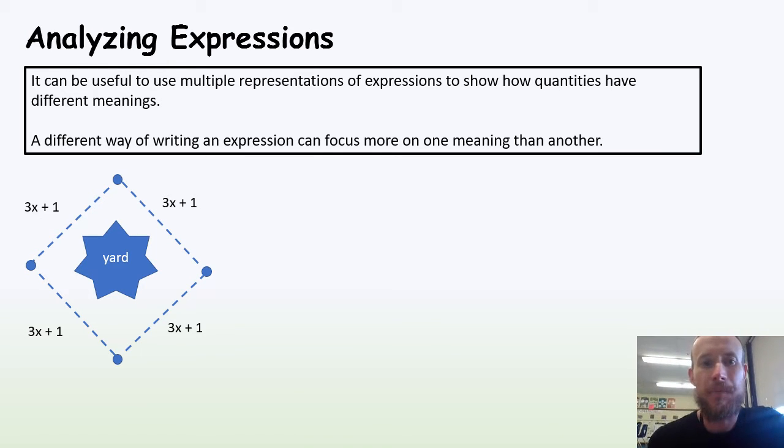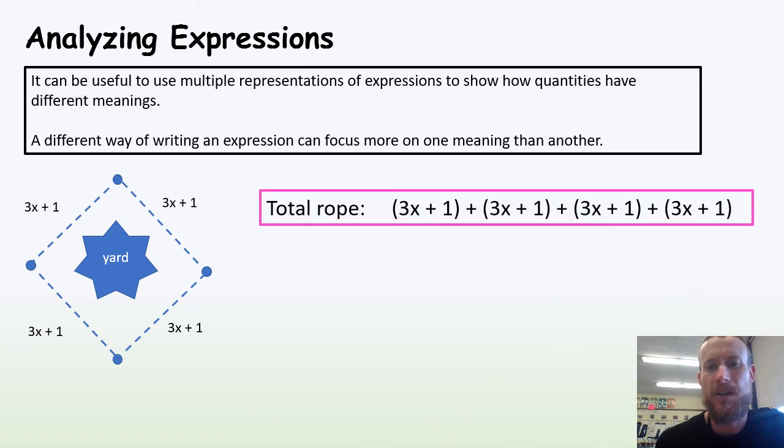So here's another example of analyzing expressions. Let's say that a yard has some rope or some fence around it, and we see that the yard has 4 sides, and each side is a distance, a length of 3x plus 1. Well, we could write this yard. It's a little bit easier of a problem to express, but we could think about it in a couple ways.